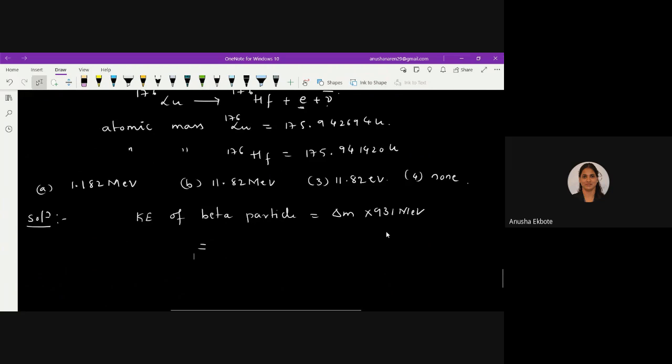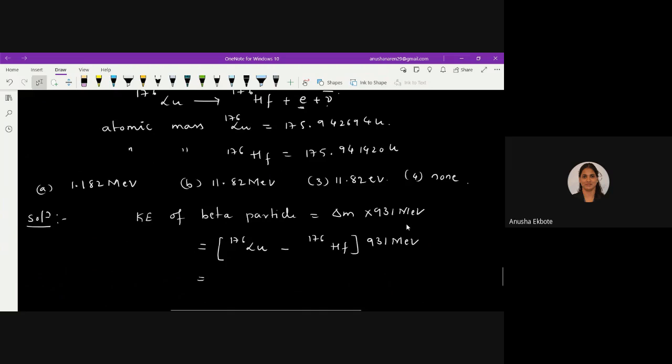So this is the mass of 176 Lu minus the mass of 176 Hf, into 931 mega electron volt.